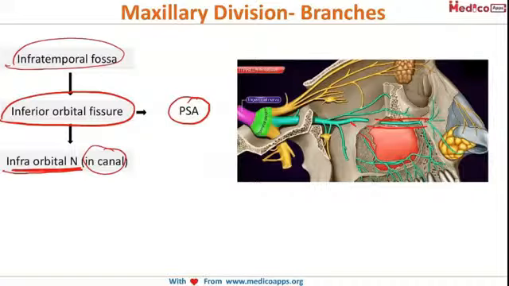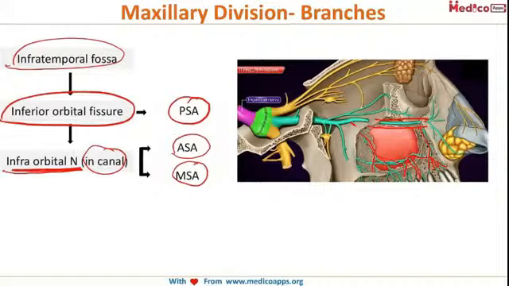Now this nerve gives out two more branches called the anterior superior alveolar and the middle superior alveolar branches. Here we have this nerve giving out the anterior superior alveolar branch and the middle superior alveolar branch, and this, as we learned, was the posterior superior alveolar branch.